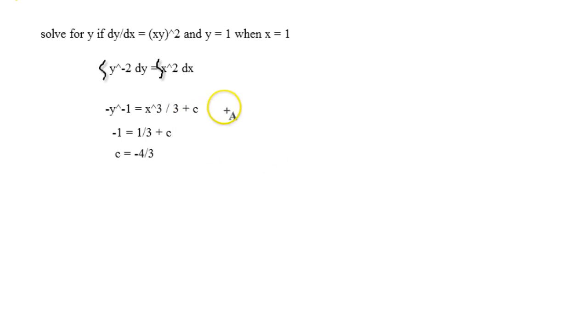Now I can plug that back in to here. So this is negative y to the negative 1 equals x to the third divided by 3, minus 4/3. We have this all set up. Now we can combine the top over there, and I will get y to the negative 1.